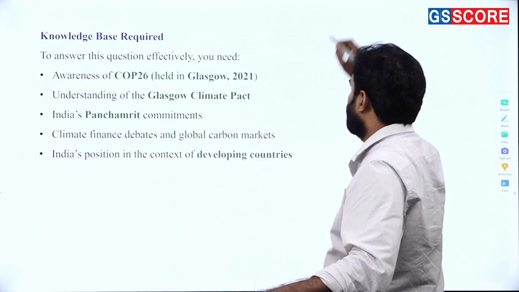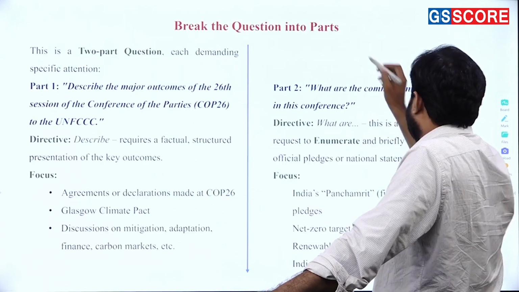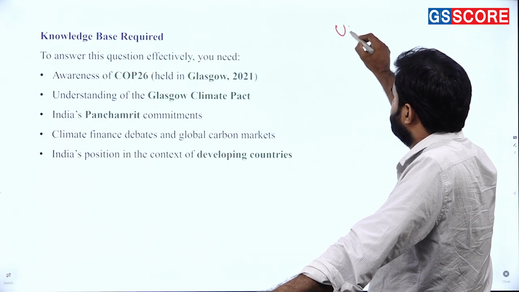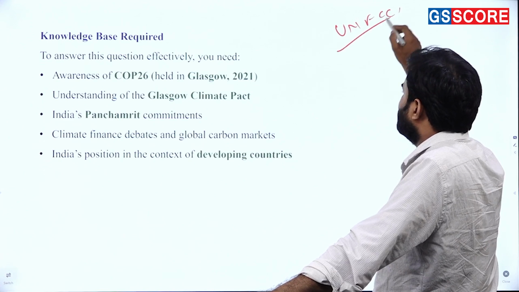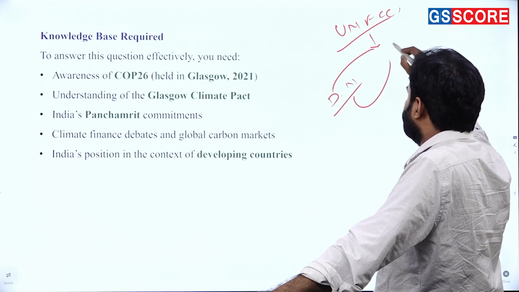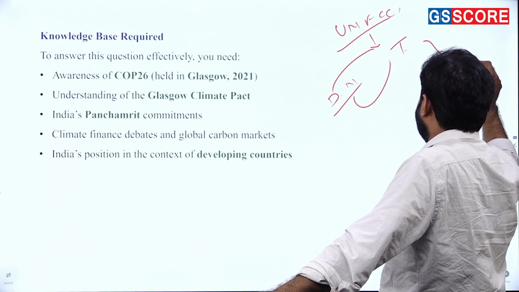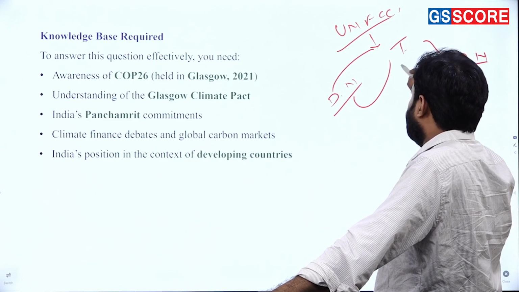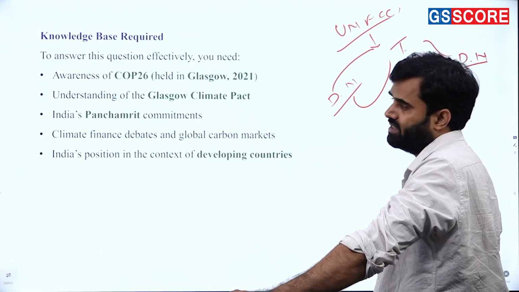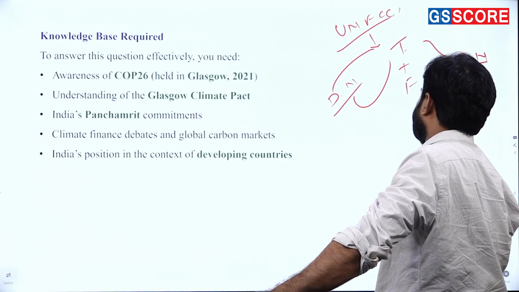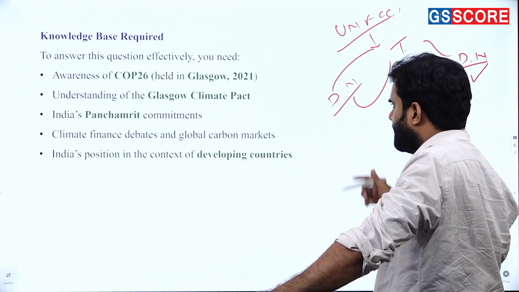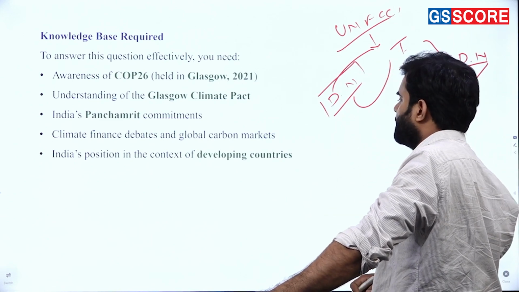You know that in UNFCCC it was decided that developed nations will transfer technology and funds to developing nations. These two are the most important things: technology transfer and fund transfer, because developing nations are facing different kinds of challenges, and developed nations have achieved the next dimension of development.